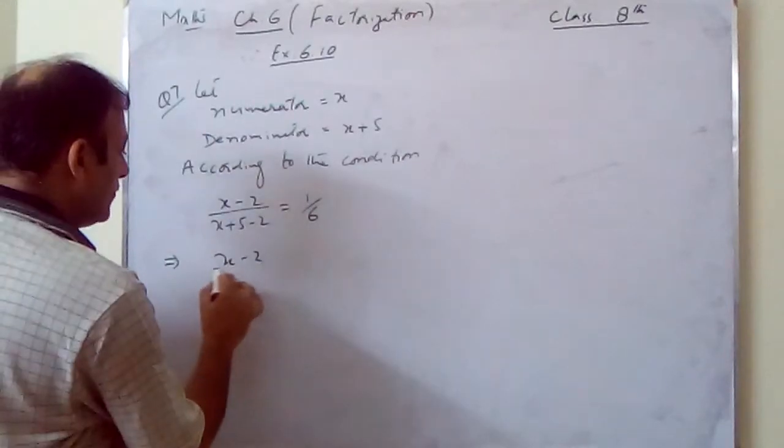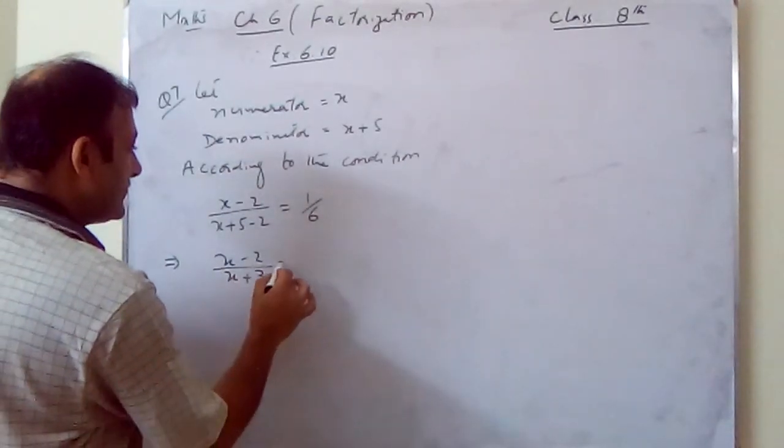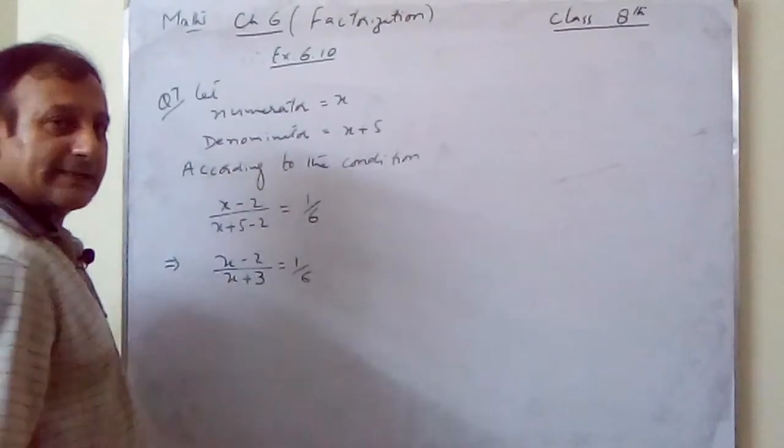So x minus 2 divided by x plus 3 is equal to 1 by 6.